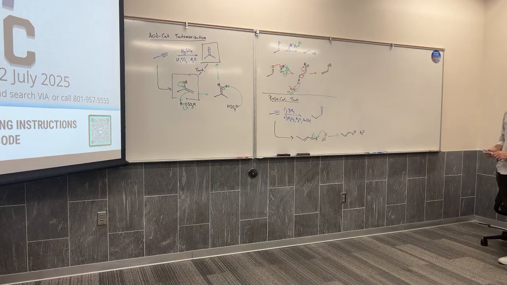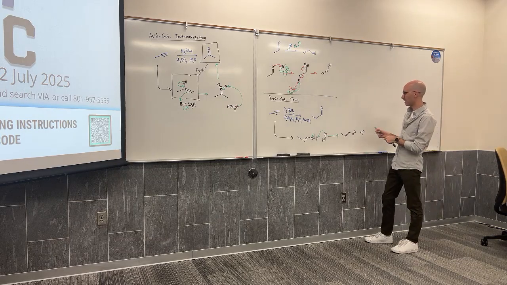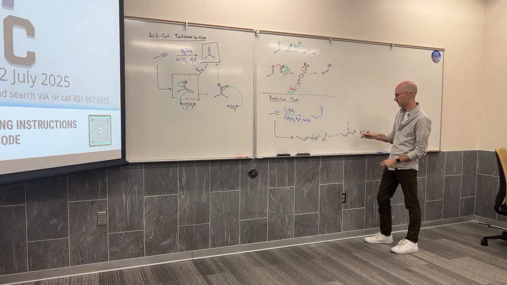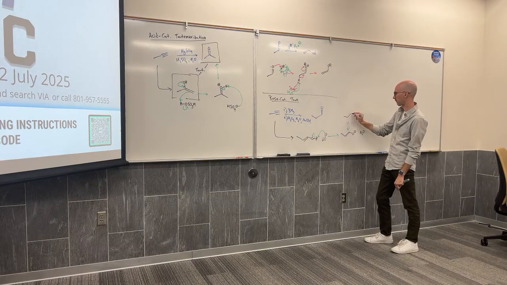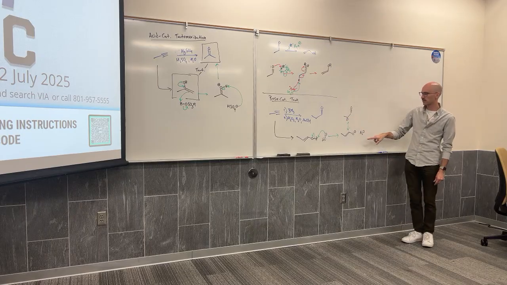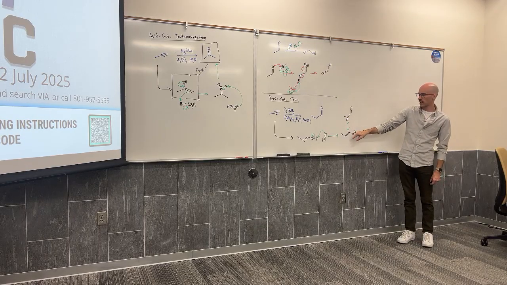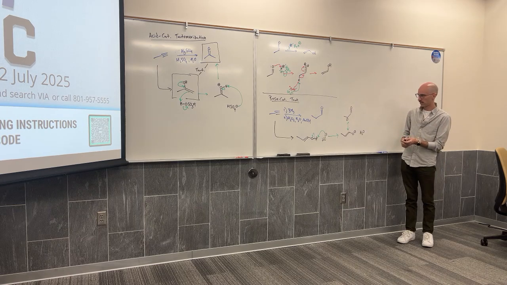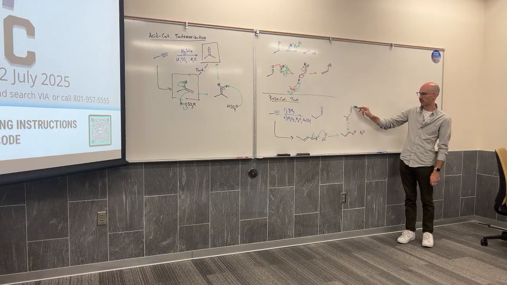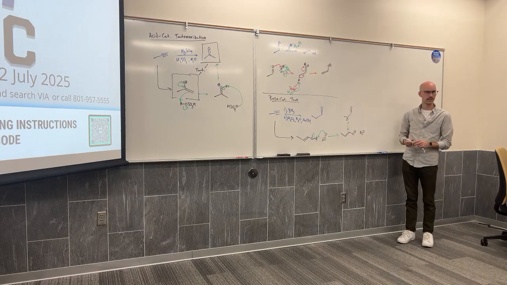Now, enolates are always in resonance. Okay, I do want you to notice I'm just changing the conformation of my CO bond. That's because it's just easier for me to draw the aldehyde more like this.